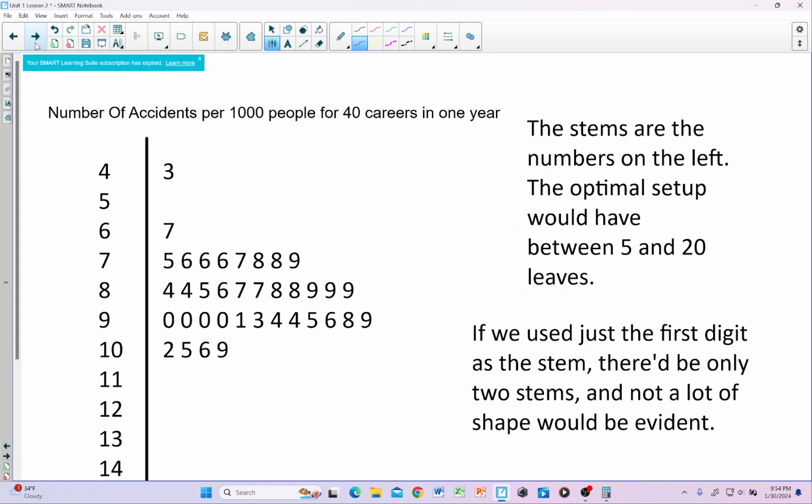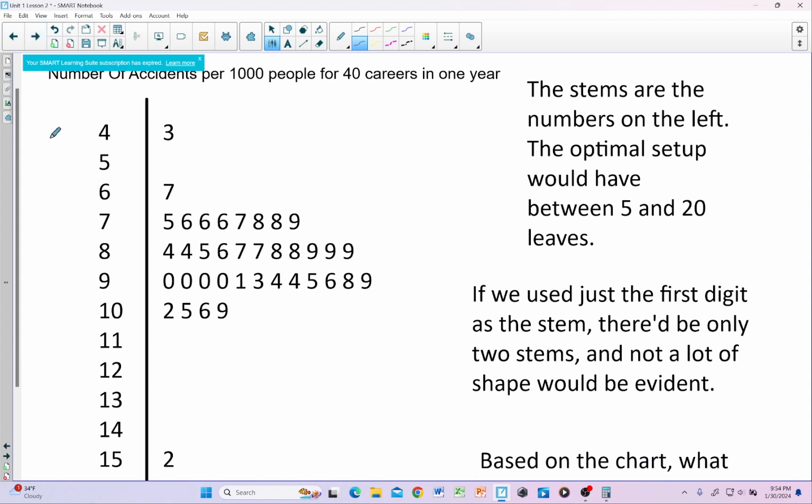Okay, whoa, this is an interesting picture. This is what we call a stem and leaf plot. You'll notice right away that there's a dividing line and then there are numbers on both sides. On the left side of the graph are your stems, and what they represent are digits of a particular data point.